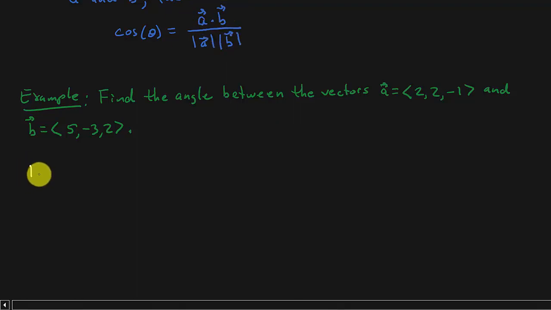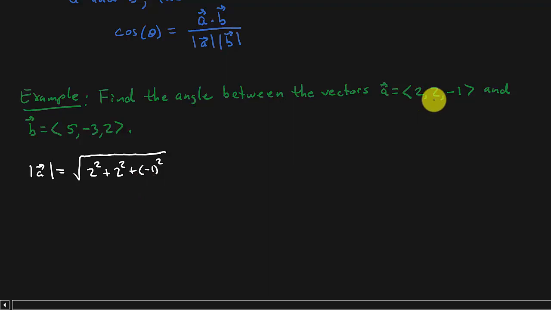So let's just find the magnitude of A. The magnitude of A is equal to, remember, the square root of 2 squared plus 2 squared plus negative 1 squared. We've already done this in the last video, in the section on vectors.